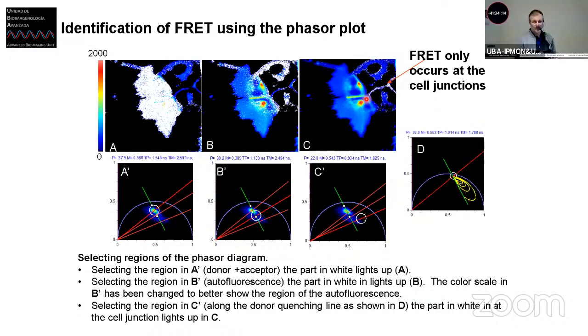And it is totally simple to see that; we were missing where the location was because we were looking only at the quenching, but not the quenching in the presence of autofluorescent. So the Phasor solved the problem very easily.